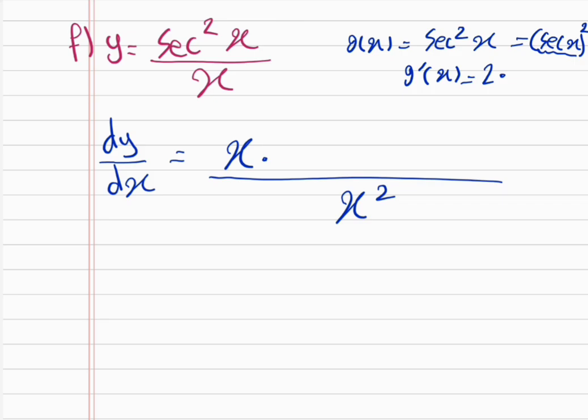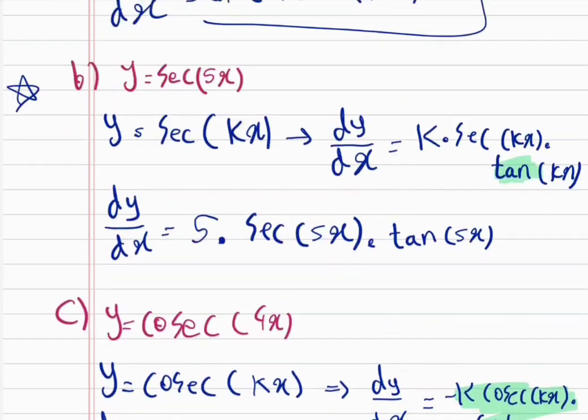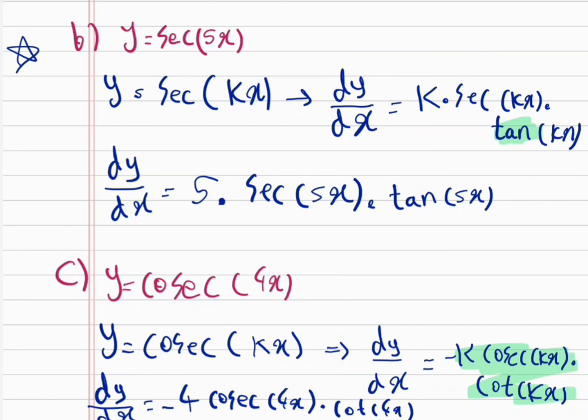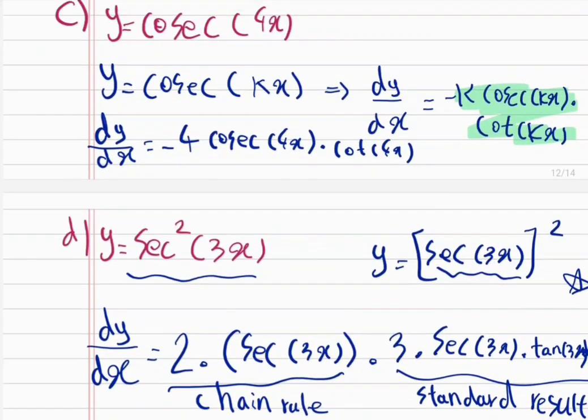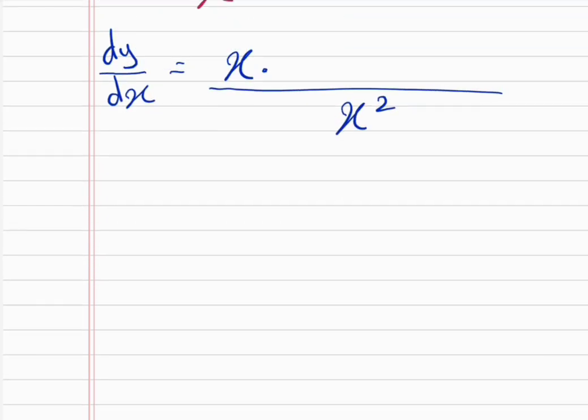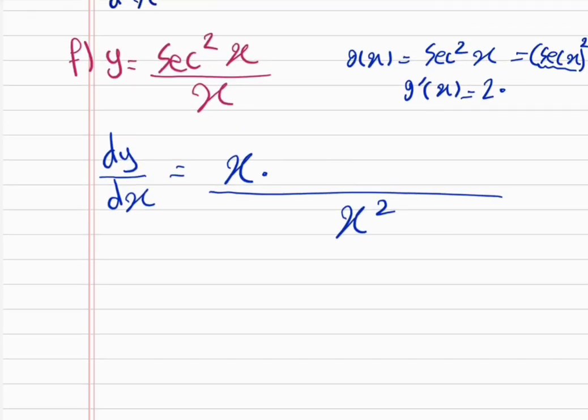So sec x differentiates to, as I wrote here, just to see what we had. Basically, when we have sec kx, that differentiates to k sec kx times tan kx. In this case, k is 1, so it's just going to be sec x times tan x. So in this case, 2 times sec x times tan x.